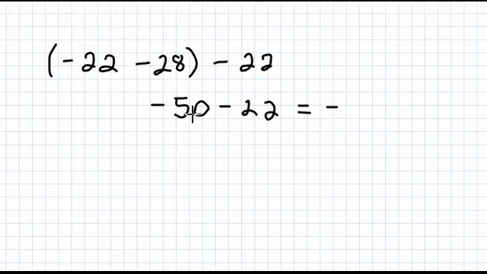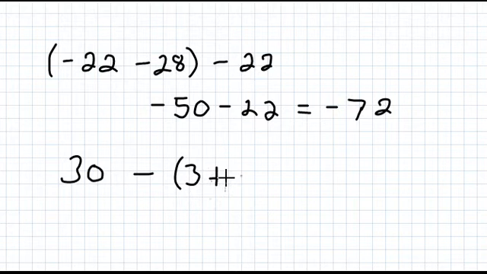It's going to be a negative. I don't know, I'll help you out here. 5, 6, 7, 72. Right, negative 72. Okay, let's do one more here. 30 minus, and 3 plus 7.